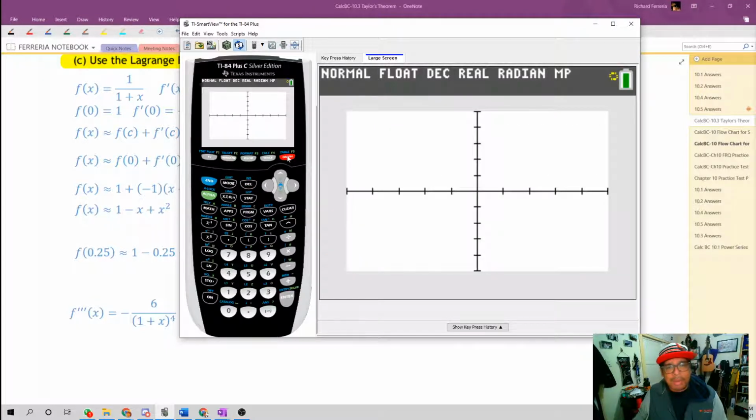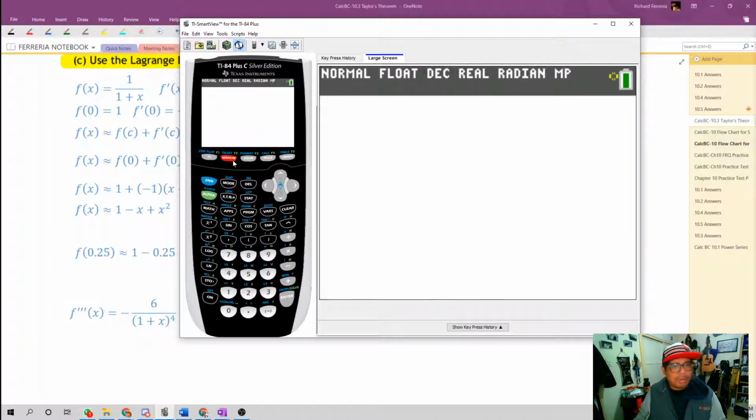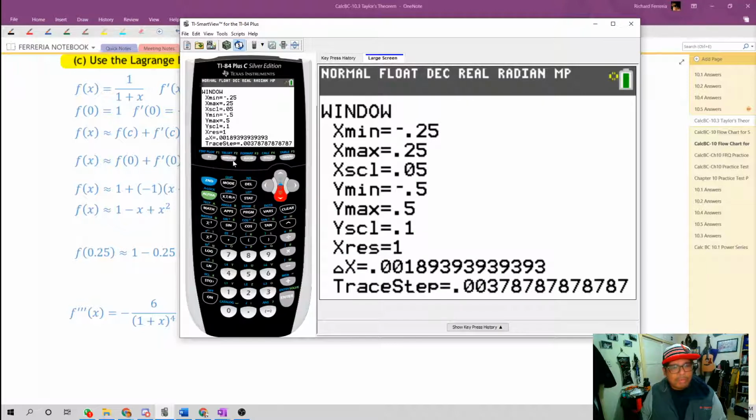And let's find out where that maximum derivative is going to be. And wow. It looks to me that I didn't make my window tall enough. So let's change our maximum here. Rather than going to 0.5, let's make our maximum 5.